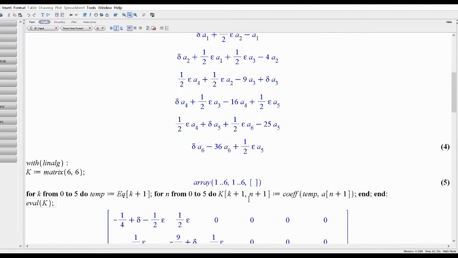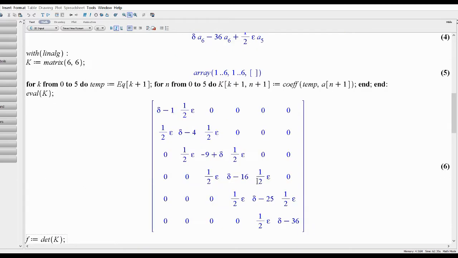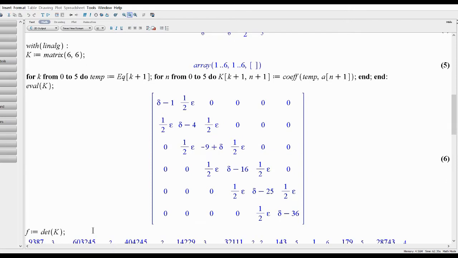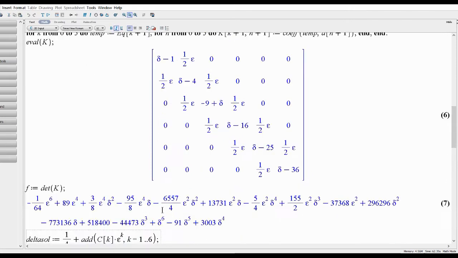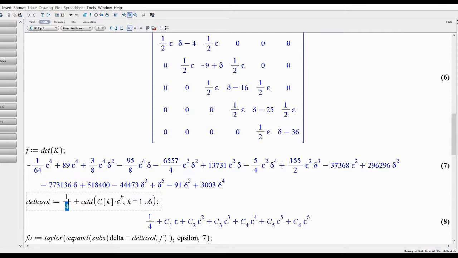And then you see delta equals 1, delta equals 4, delta equals 9. Okay, so then we come here, we've got our expansion. Let us do the one around delta equals 1.